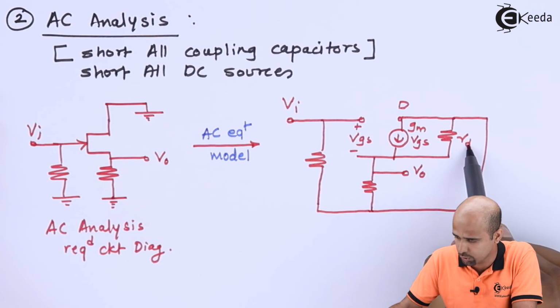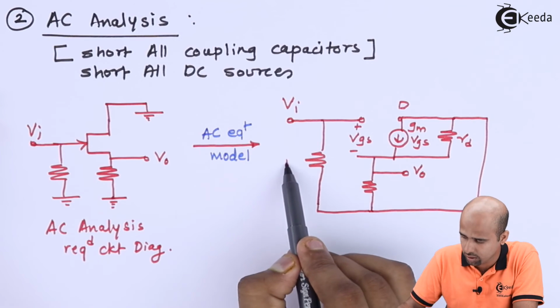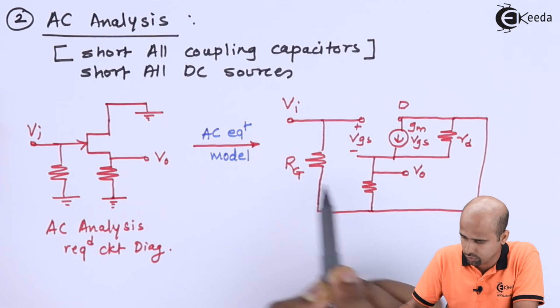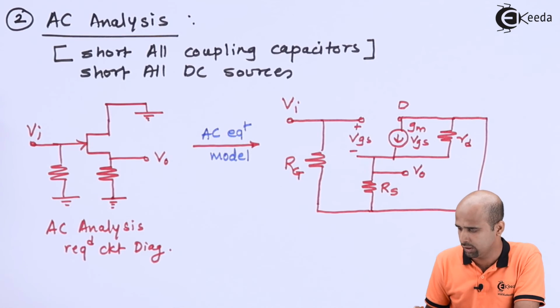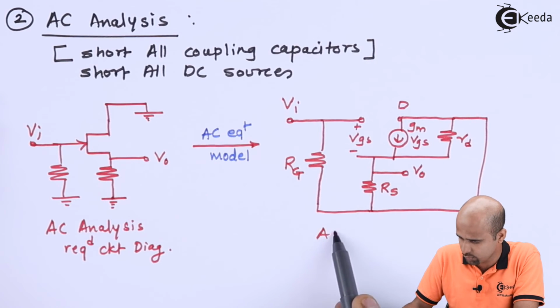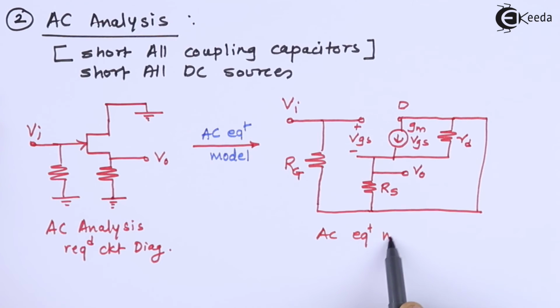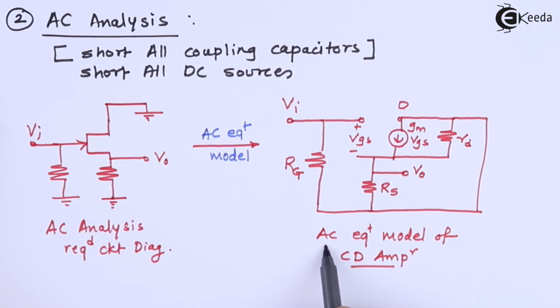This is the small rd. Okay, we'll do all the labeling here. Done. So this is your AC equivalent model of the CD amplifier.